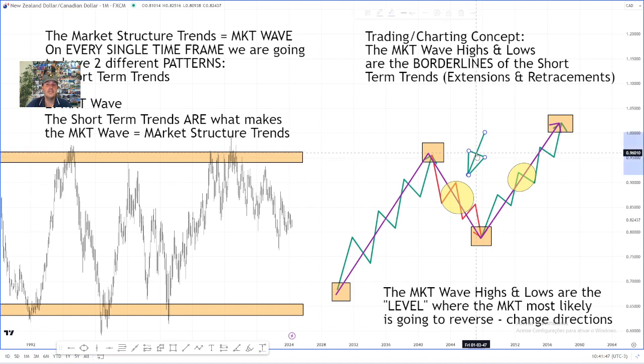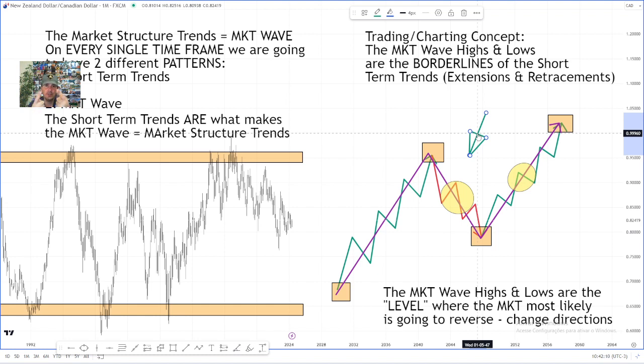Today I want you to understand that you have two different patterns on every single time frame simultaneously appearing 24/7 in the Forex market. We are going to start with charting first.